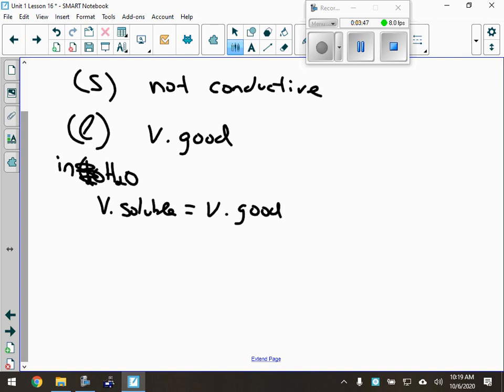If you put in one grain of salt, it's probably going to be a little bit conductive. If you dump in a whole jar of salt and stir it until it dissolves, it's probably going to be very good, because it has a lot of free ions. Water breaks that apart. If it's slightly soluble, it would be a poor conductor, with some give and take. It's still going to conduct. That's the important part. They always conduct, but to different degrees.